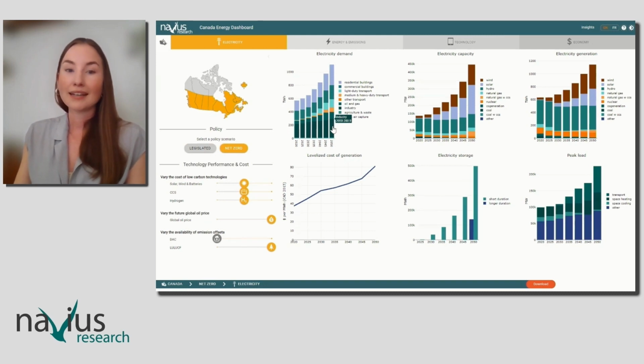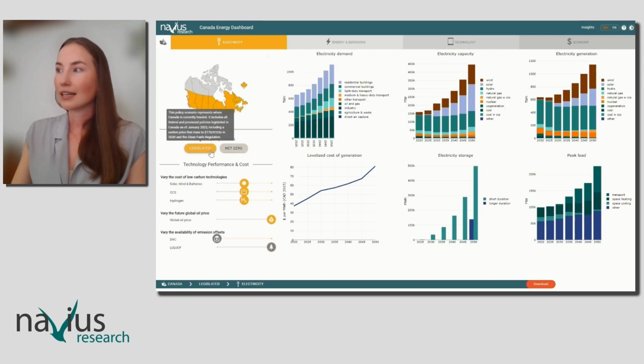And this raises another question, which is, how does Canada generate electricity supply to meet this increased demand? We can see this in the electricity generation figure here, that the increase in demand is being primarily met by increased renewable generation.